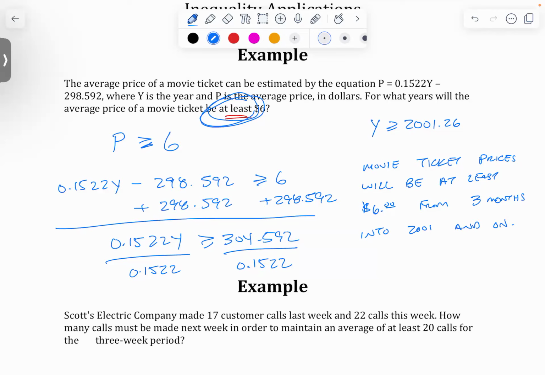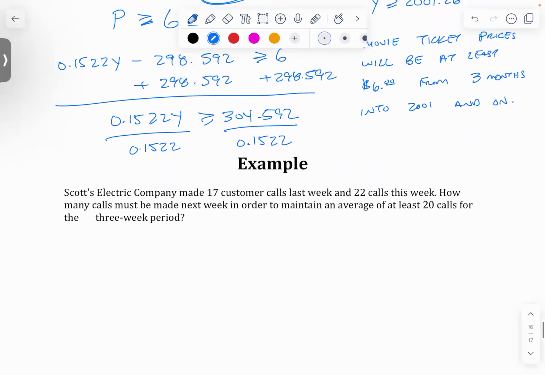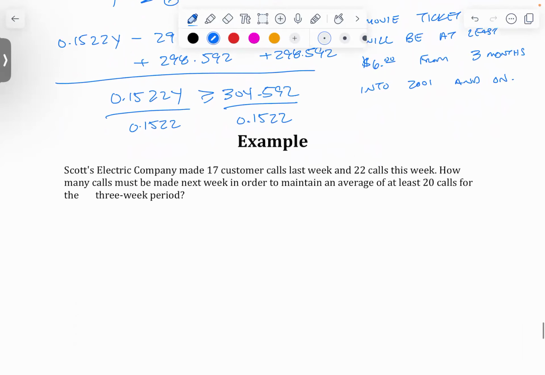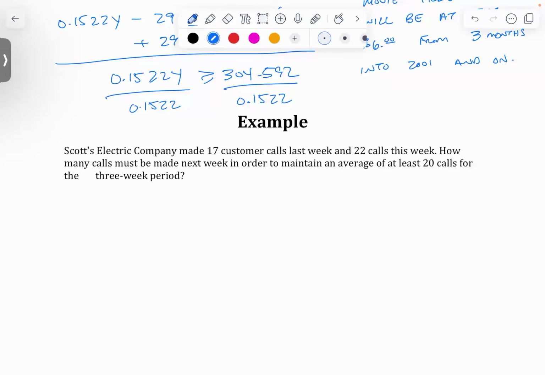So 12 months, I was just doing 12 times a quarter. 3 months into 2001 and on, and the movie ticket prices will be at least $6. It's that at least wording. That's the big thing we need to make sure we focus on.